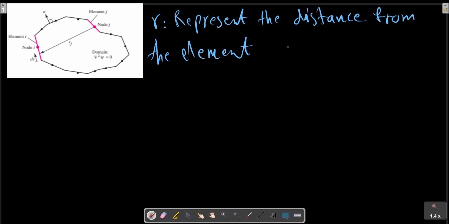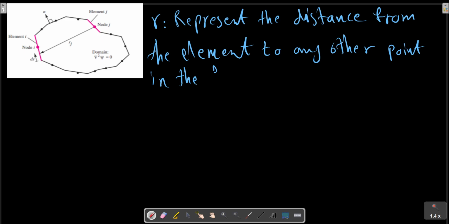Summing all these elemental effects with proper boundary conditions will give the total solution to the potential flow problem.